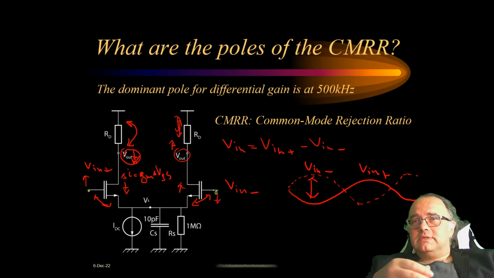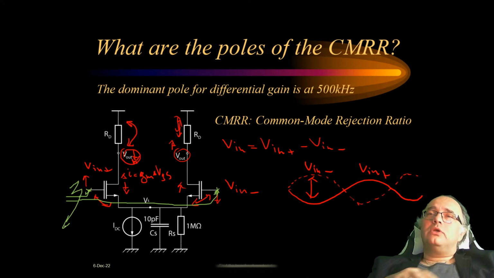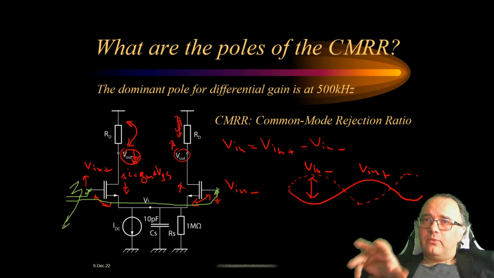This introduces some disturbance in the wires that bring the signal V in. The important thing is that this disturbance is common mode. It will be the same for both wires.